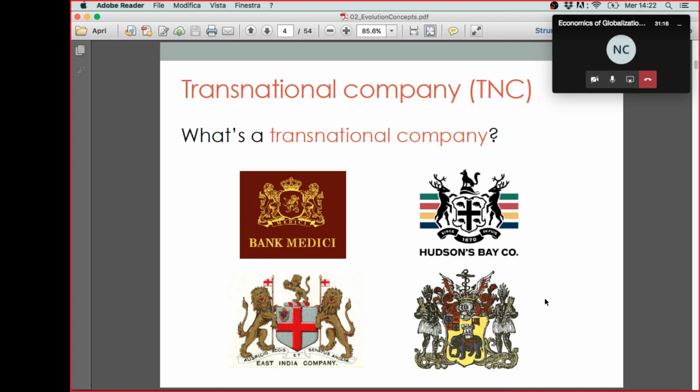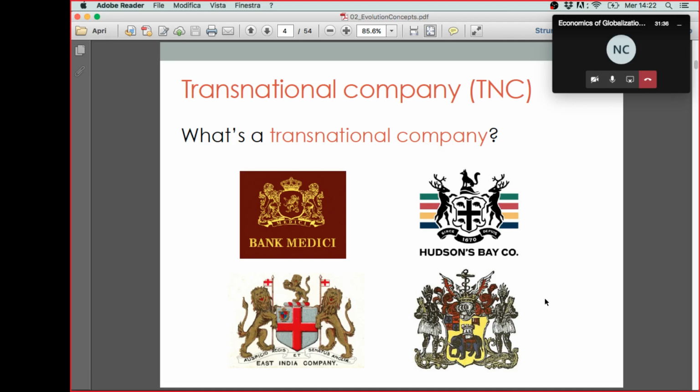In order to offer financial services, you had to be physically in the area that you wanted to serve, and for that reason the Bank of Medici had an organization that could be considered one of the first transnational companies in history.